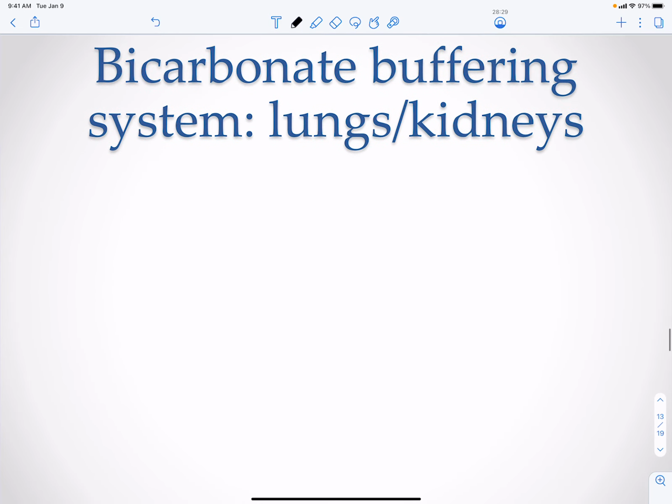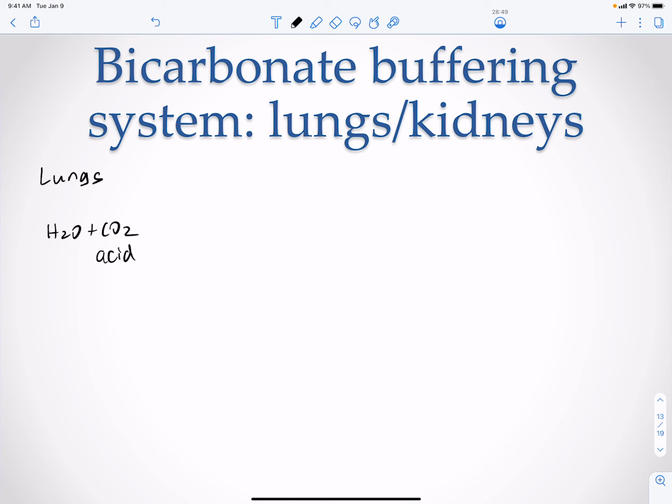Now, the bicarb buffering system is also very important for the kidneys. So the kidneys have a role in all of this too. So again, in the lungs, we had over here our H2O plus CO2. CO2 is obviously an acid. We're going to exchange that for oxygen.